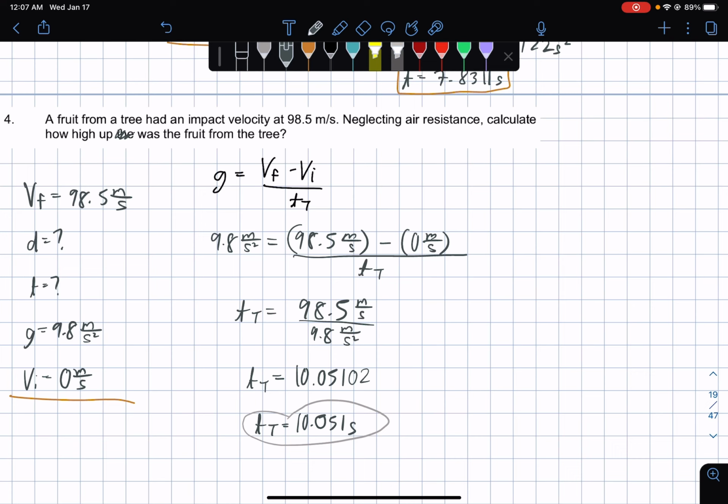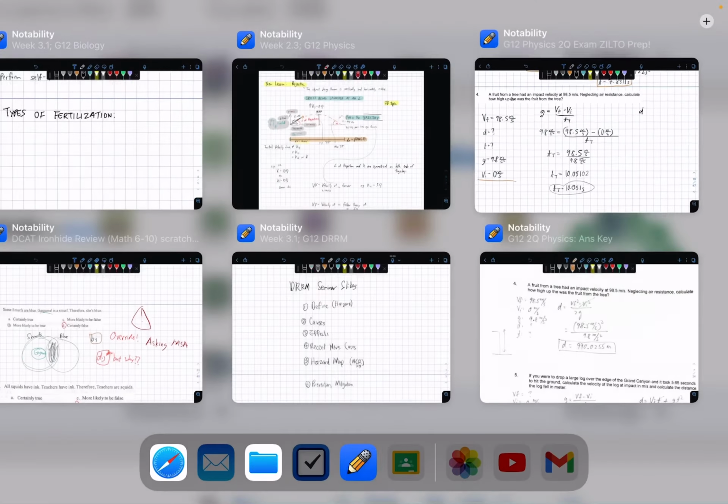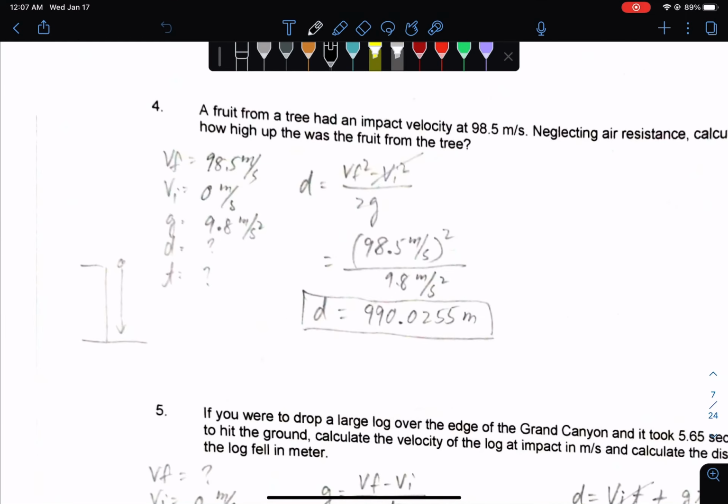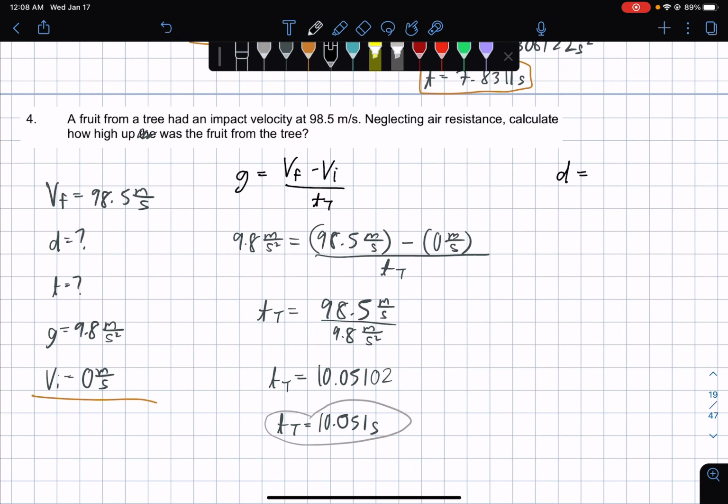So, wrong formula. Based on the answer key, I didn't think it was necessary to look for the time, but we got it anyways. Let's try the other formula, the one that's not this, just to see if the time is also correct.